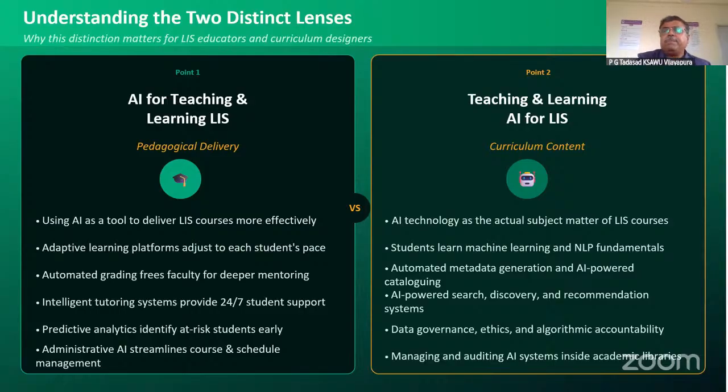So to what extent have we developed, and what is it that we have to study there? What is data governance? And what are the ethical principles that we are supposed to study? What is algorithmic accountability? How to manage and audit AI systems? So these are the aspects that we have to study in this part.